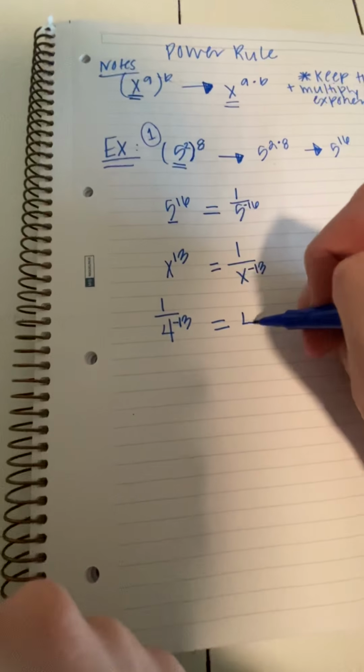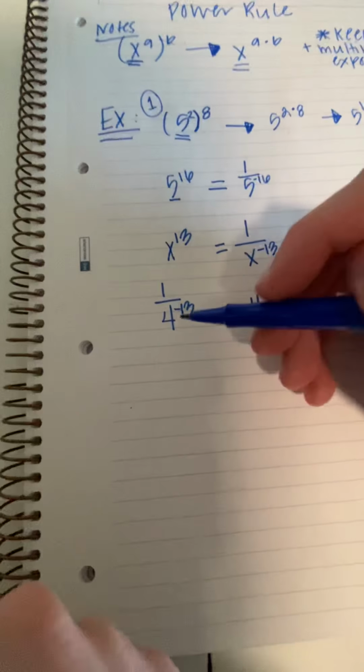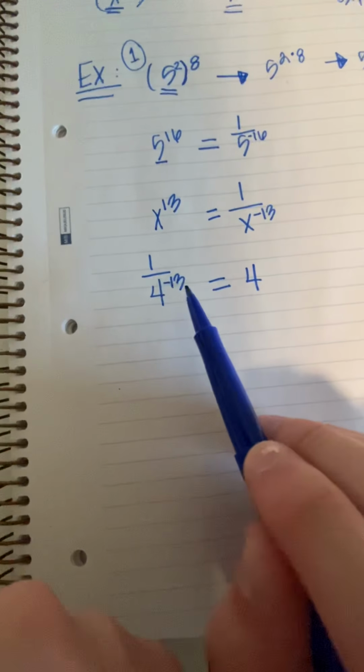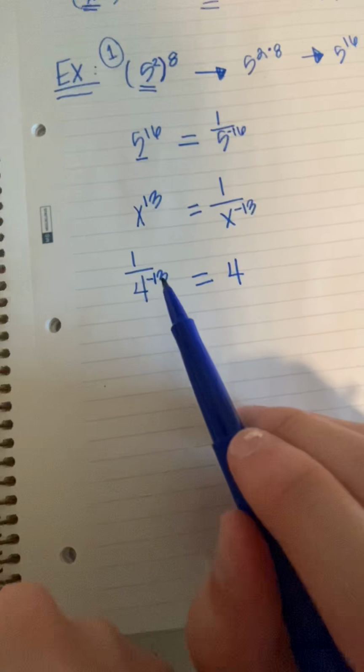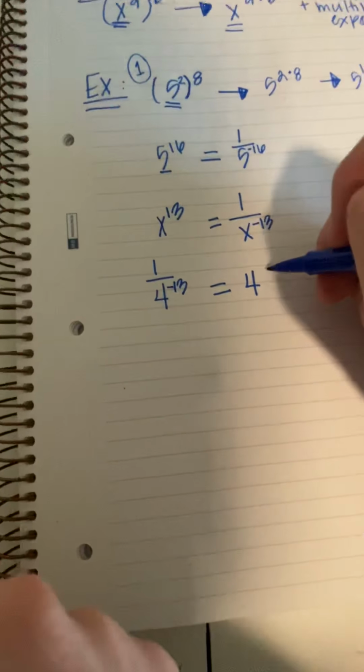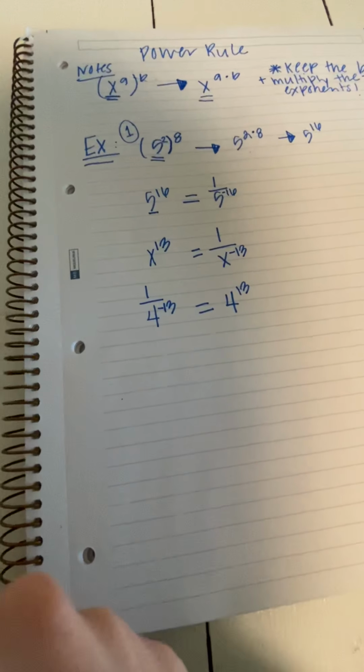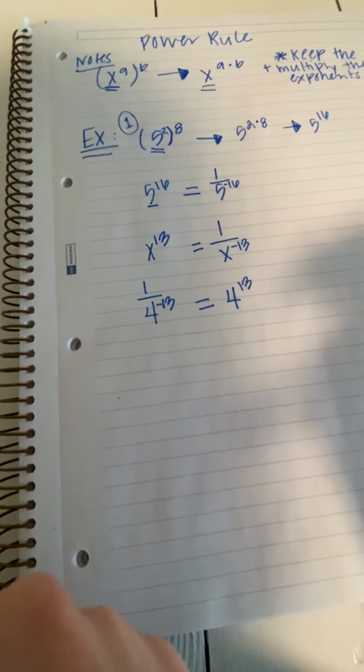You're just going to keep your base of 4 and do that reciprocal. The reciprocal of 1/4 is 4. And when you take this out of fraction form, this exponent goes from a negative back to a positive.